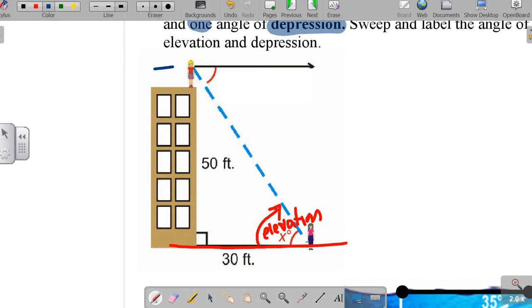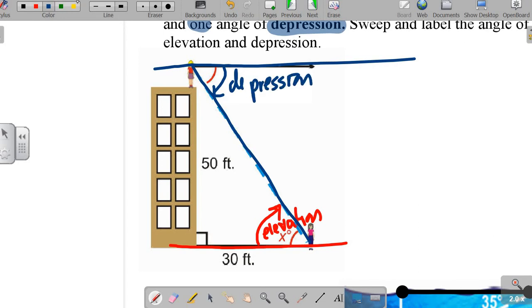Same diagram, starts at a horizontal. This person on top of the building looking downward, the looking downward angle is the angle of depression. Okay, this yellow angle is not the angle of depression because it does not start at a horizontal. It starts at a vertical. So that is not the angle of depression.